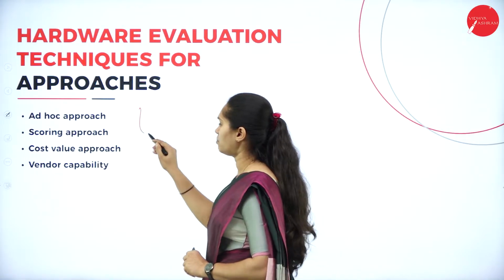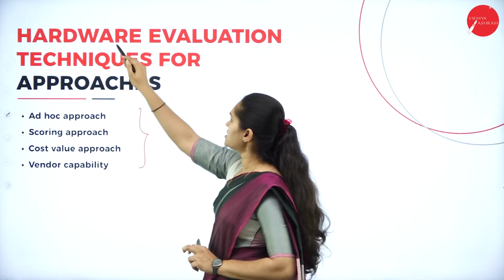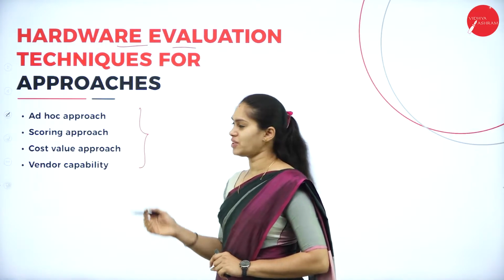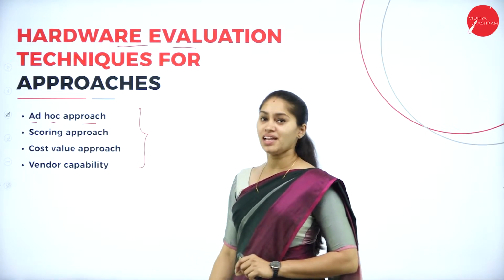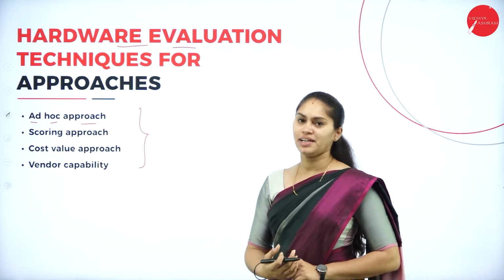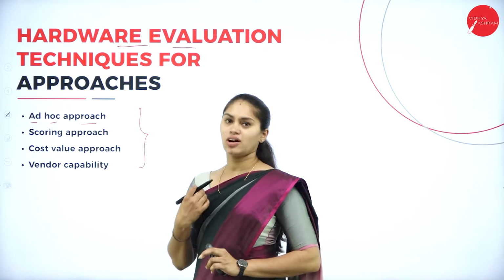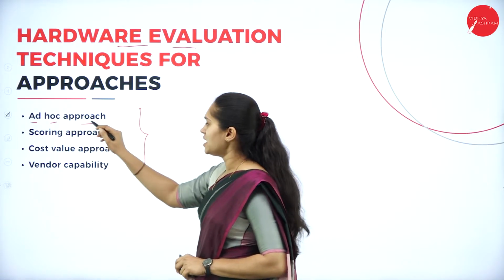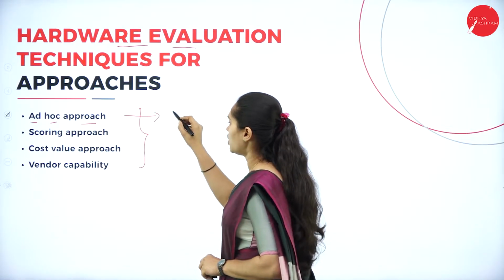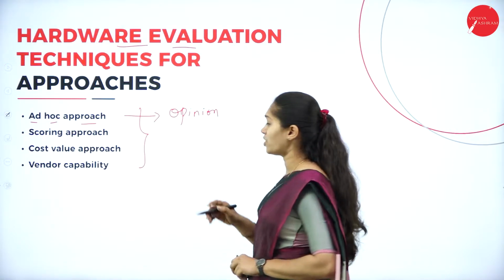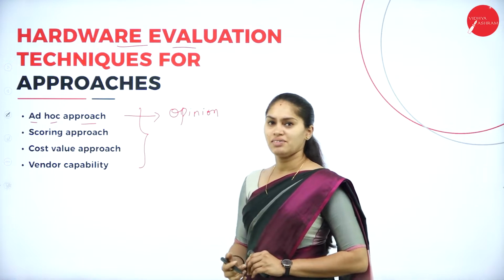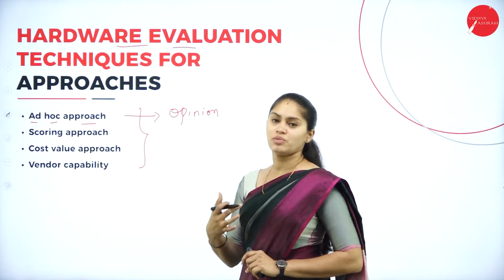based on these approaches. So in hardware evaluation technique, the first approach is what? Ad hoc approach. So what does it mean? We are going to take a hardware device based on some people's opinions. If you are taking any of the electronic gadgets or hardware devices, it is based on someone's opinion.